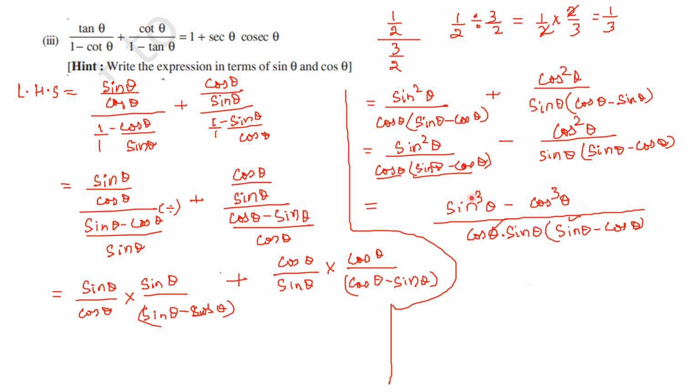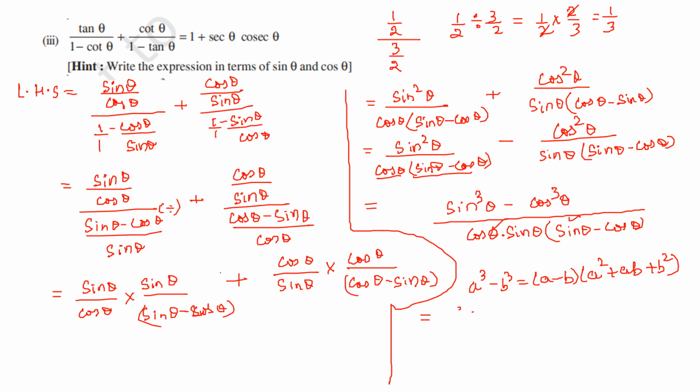It is in the form of a cube minus b cube. And what is a cube minus b cube? If you remember, you have studied this in grade 9. A cube minus b cube means it is a minus b into a square plus ab plus b square. We can write it like this. Okay. So a minus b, if I write, your a is sine theta, b is cos theta.